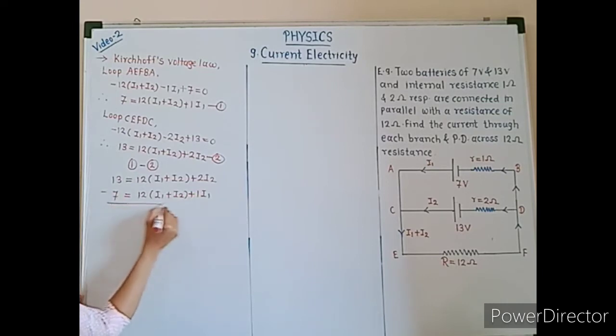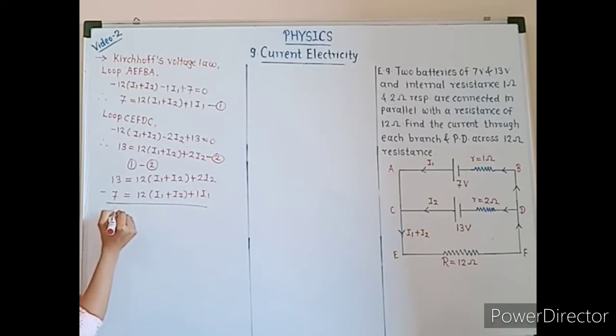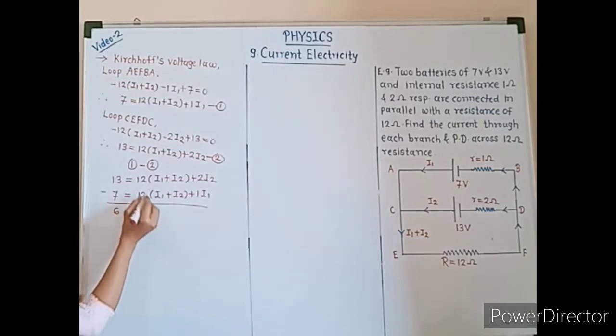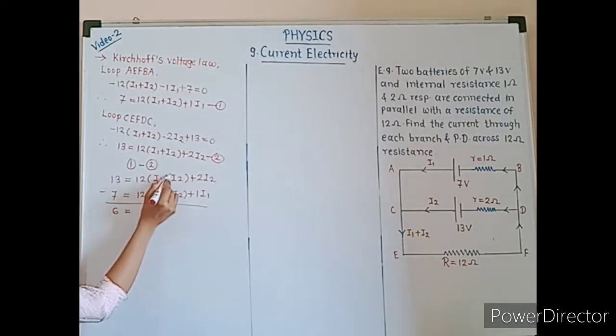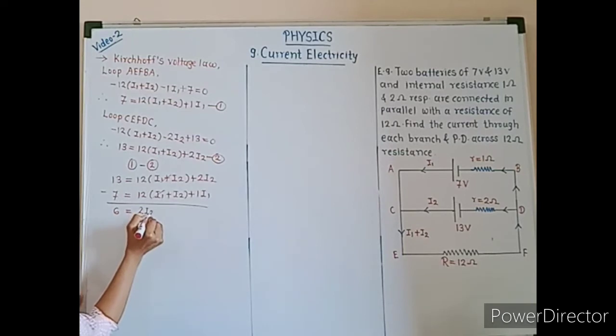Now 13 minus 7 is equal to 6. The term 12 into (I1 plus I2) gets cancelled, and here we get 2I2 minus 1I1.